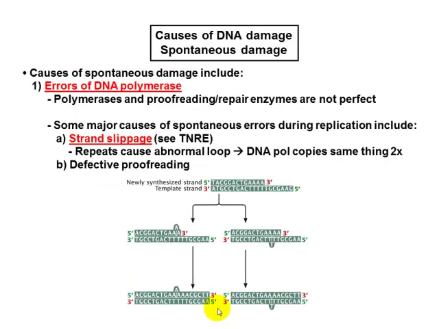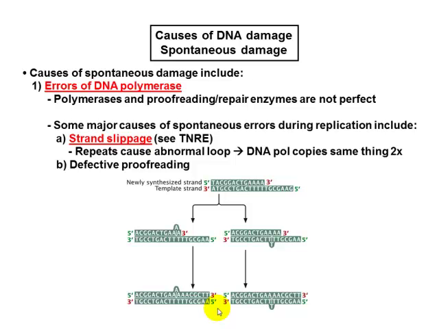Again, remember I said you have types of mutations that can be induced by the environment, including drugs and radiation, everything else. And you also have spontaneous mutation that causes errors in the DNA. Now, what are the types of spontaneous mutation that can cause that type of DNA damage or mutation?